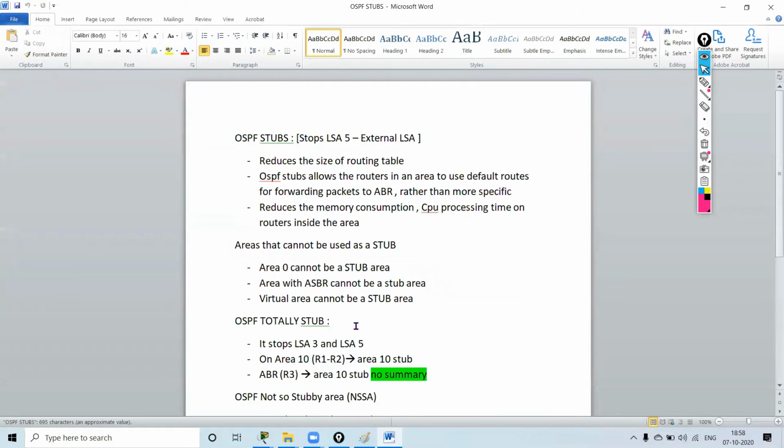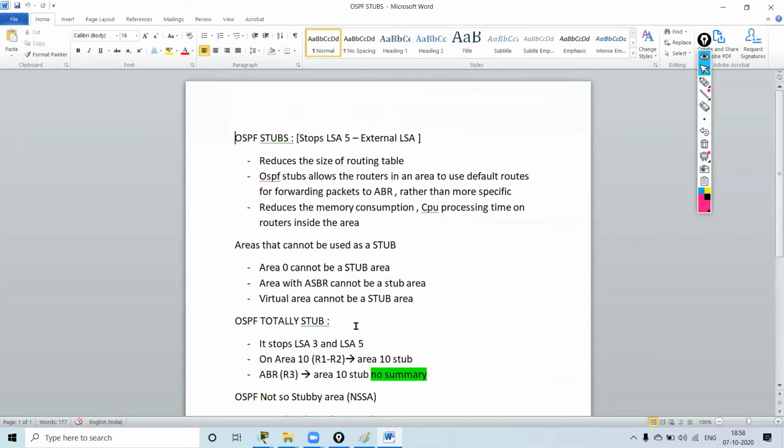Now we have stubs. Why do we use stubs? Stub helps in minimizing the size of the routing table on edge routers.